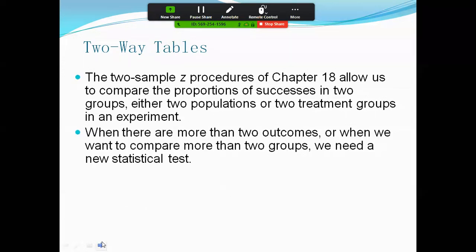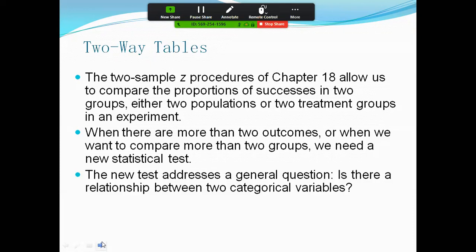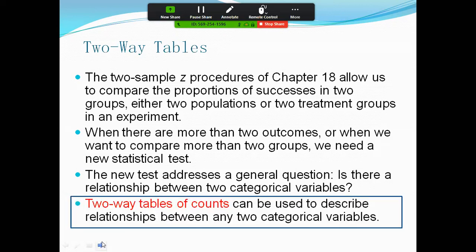When there are more than two outcomes, or when we want to compare more than two groups, we need a new statistical test. The new test addresses a general question: is there a relationship between two categorical variables? Two-way tables of counts can be used to describe relationships between any two categorical variables.